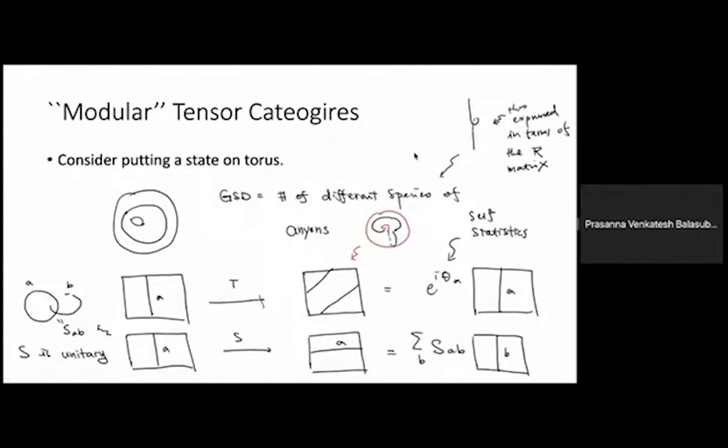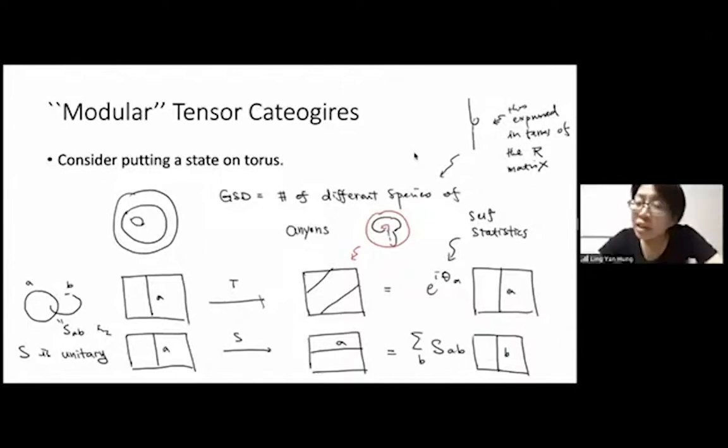The T seems to be something inherently, I can talk about it as some shear of the torus itself, whereas S, if I understand correctly, seems to be like, let's say, if there is a 3D space in which this torus is embedded, going from the XY plane to some orthogonal plane. Is that correct? Because I think you don't have to embed it into a higher dimensional space to understand S.